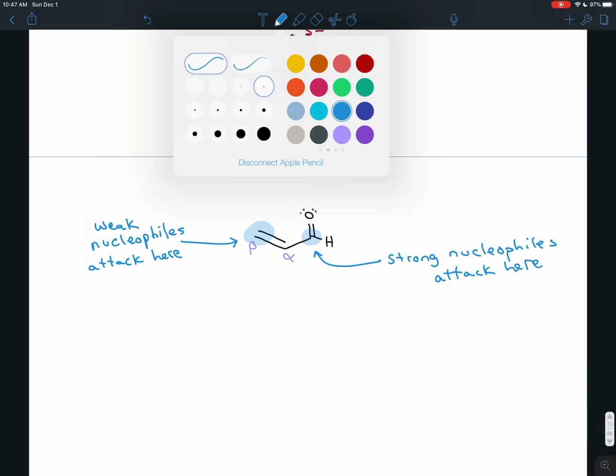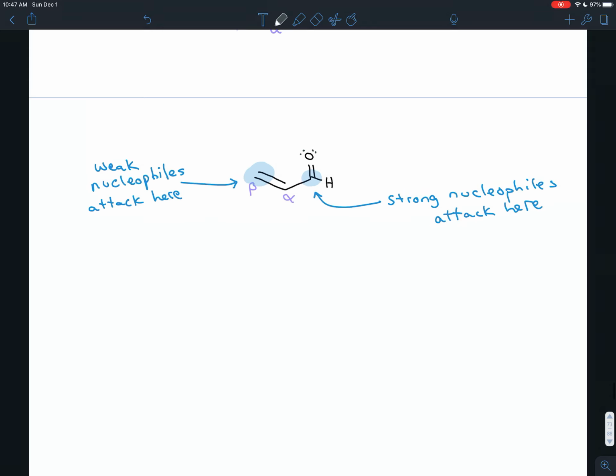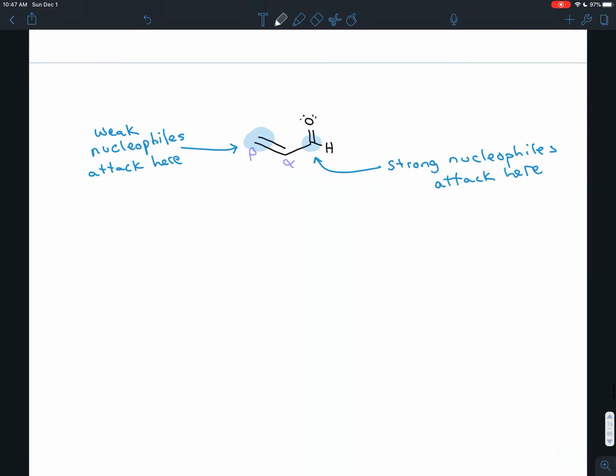So there are a couple types of weak nucleophiles that I want to show you. The most important one are Gilman reagents. It's a carbon-to-carbon bond-forming reaction. So let's contrast that with the more familiar Grignard reagents.